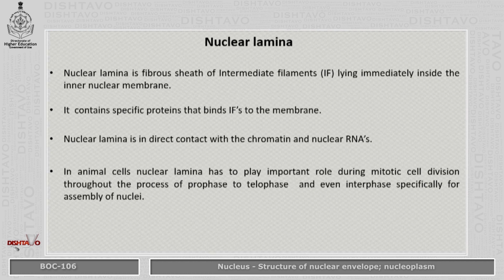Nuclear lamina is found to be in direct contact with the chromatin and nuclear RNAs. In animal cell, nuclear lamina plays a very important role during mitotic cell division throughout the process of prophase to telophase and even interphase, specifically for assembly of nuclei.